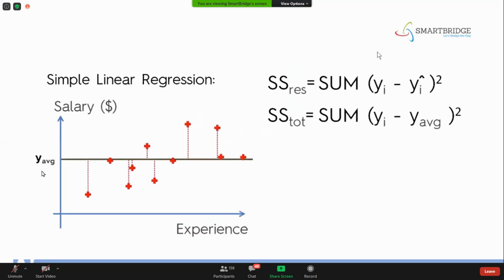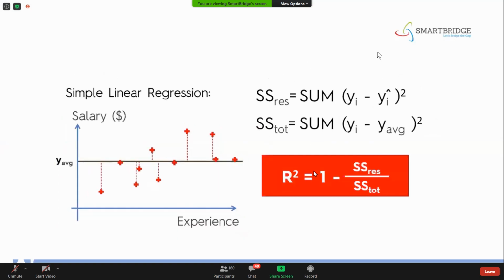That means you take y mean and draw a straight line at y mean. From that you again calculate the error. The best fit line error is considered as SS residual, and the average line error is considered as SS total.